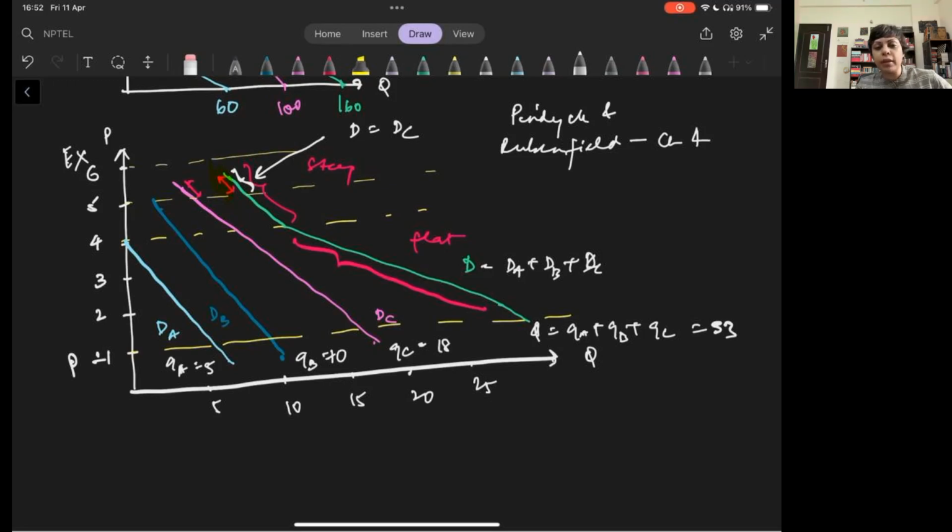It cannot be steeper than the steepest individual demand curve, and it is at least as flat as the flattest individual demand curve, because it is going to be a summation of all the three. So it has to be at least as flat as the individual demand curve. And it is obviously the sum, or ideally they should write the horizontal sum, of all the individual demand curves. Make sense?